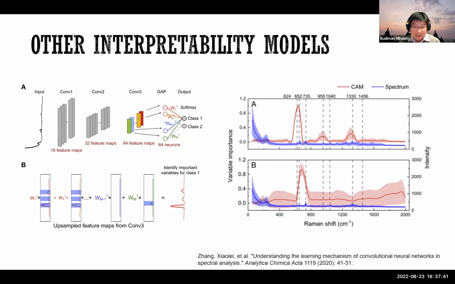Of course, there are other, more sophisticated ways. One that I found is to look at the weights of the CNN model and try to figure out the response of the particular wavelengths corresponding to the convolutional network, which is more complicated.